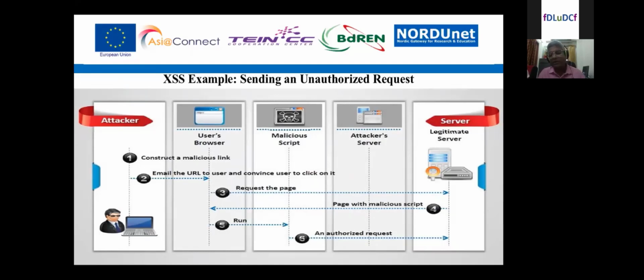The request is made, the page with the malicious script will be run, and then you will have an authorized request to get access to the server, because using that link you are getting the username and password from the victims.